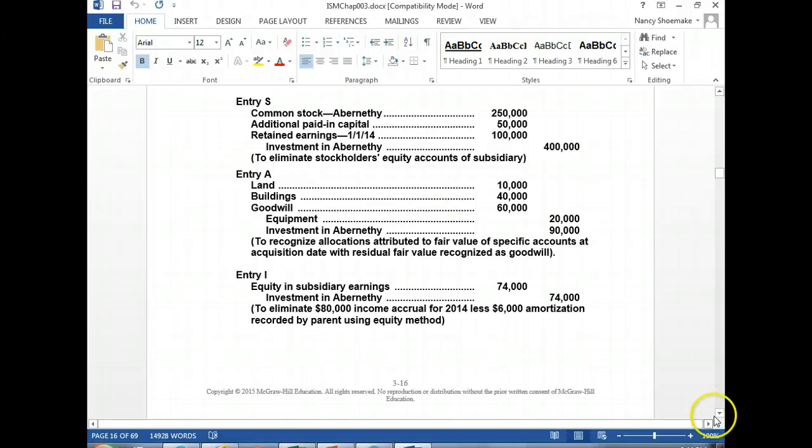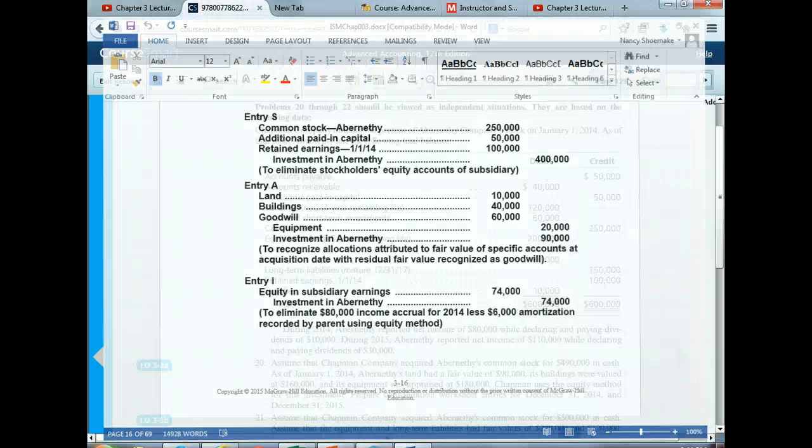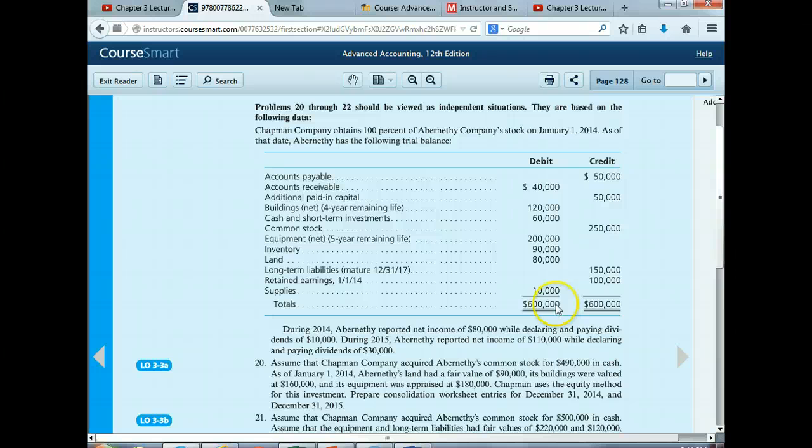Then we need to show the elimination on our books for the $80,000 income accrual for 2014 minus that $6,000 amortization.